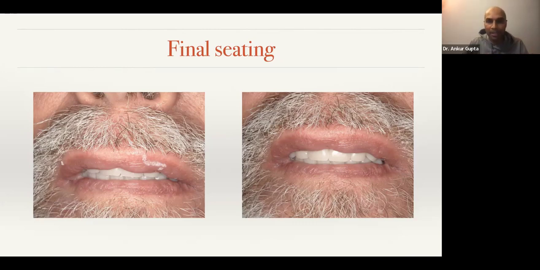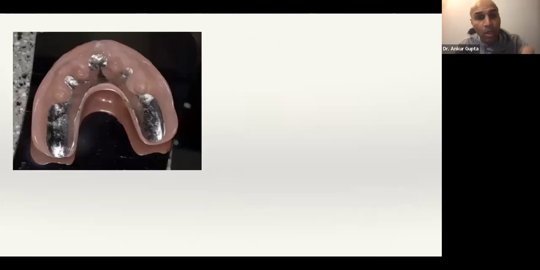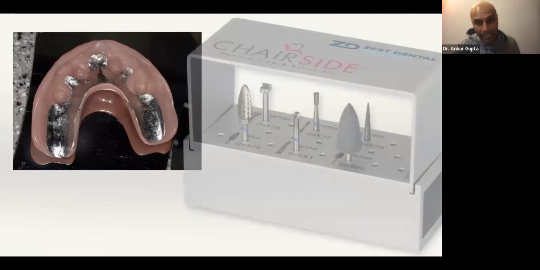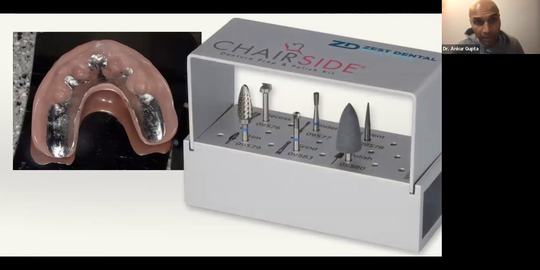What does that mean? It means that one of the holes inside of my denture was not big enough to accommodate both the locator and the metal housing. I needed to take that burr and start creating more room to accommodate that metal housing.